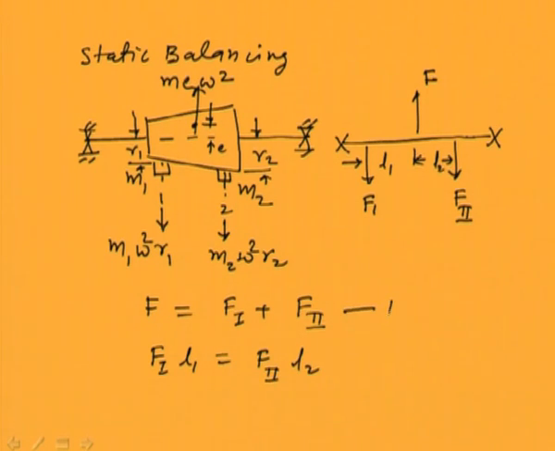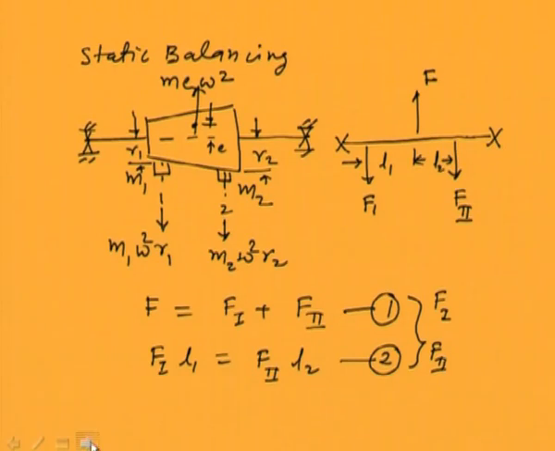So the first equation is ensuring that the unbalance is getting balanced by the correction masses. The second equation is ensuring that we are not getting any moment from the correction masses, and these equations 1 and 2 can be solved for F1 and F2.